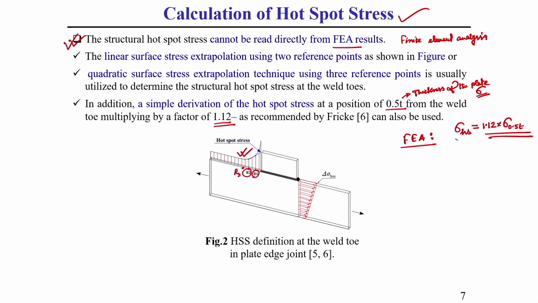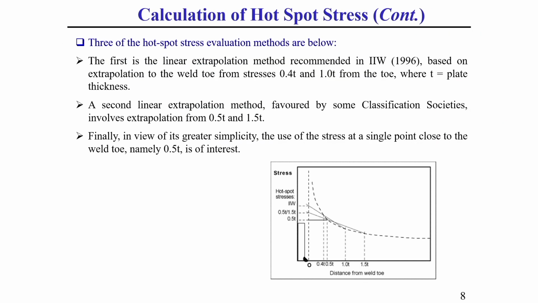Another is a very simple method, where we choose a single point stress value and multiply it by a factor 1.12 to calculate the hot spot stress value. This is generally recommended by Fricke. This you should keep in mind. This also we can use for estimating the hot spot. How it is done, everything in details I will discuss now.